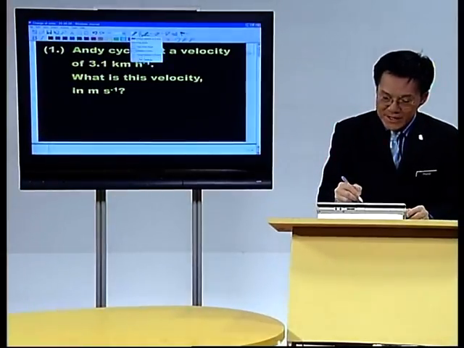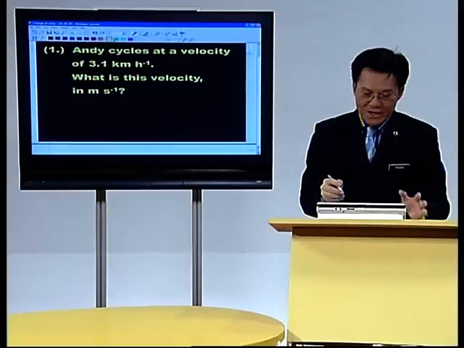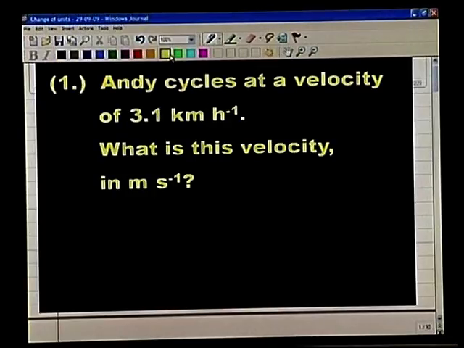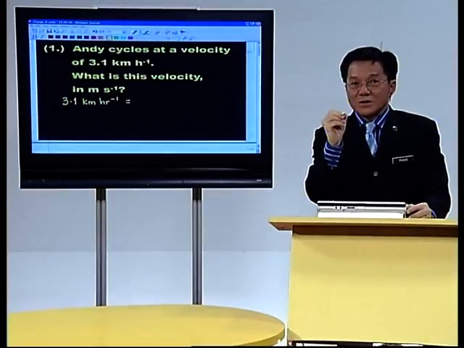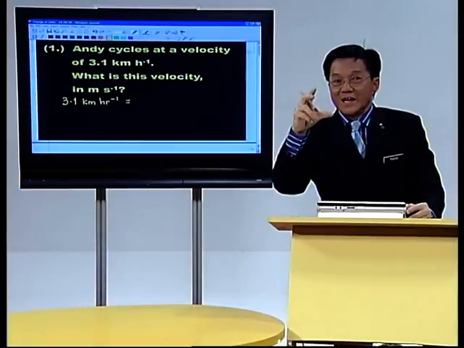Now what I will do is, I will write down 3.1 kilometers per hour. Alright, this is the question given to me. I would recommend that the first step to do is to write it again but in another form.